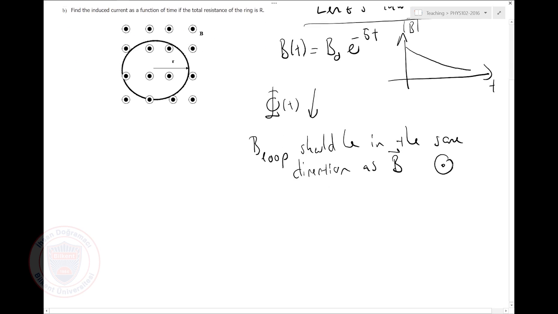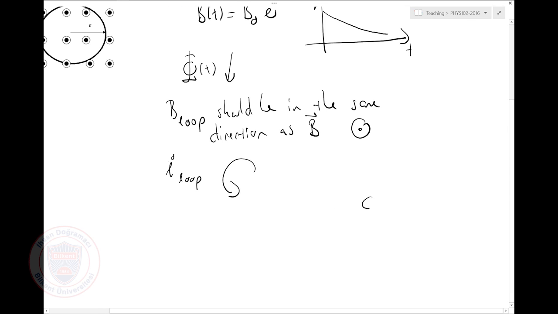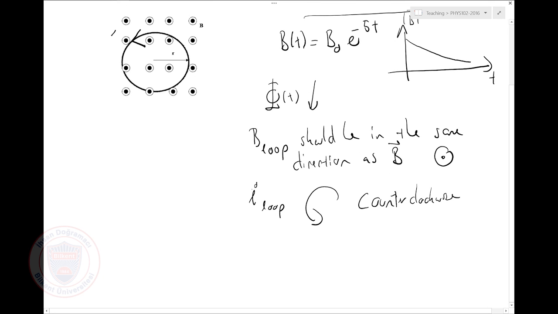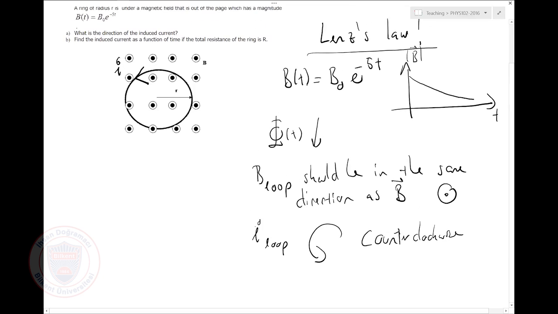If B loop is coming towards me, then the current must be clockwise or counterclockwise? Counterclockwise. So I loop must be counterclockwise. Good. So we agree that this is what the current will look like.